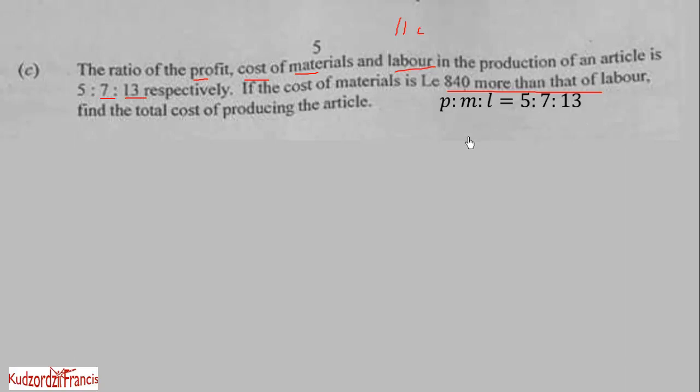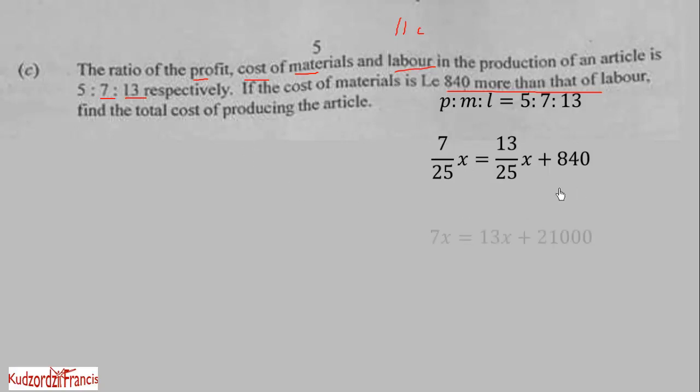So let the cost of producing the article be x, and the cost of material will be 7/25 times x, but the total ratio is 25. Then the cost of labor will be 13/25. Because they said the cost of material is 840 more than labor, meaning that you need to add 840 to the cost of labor in order to equate the cost of materials.